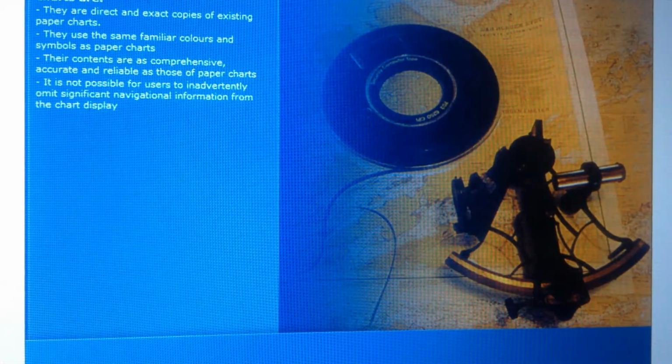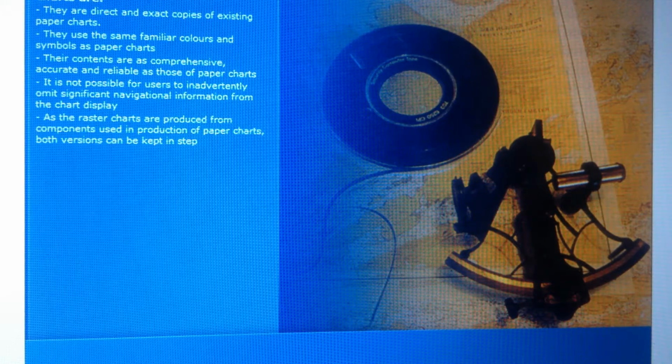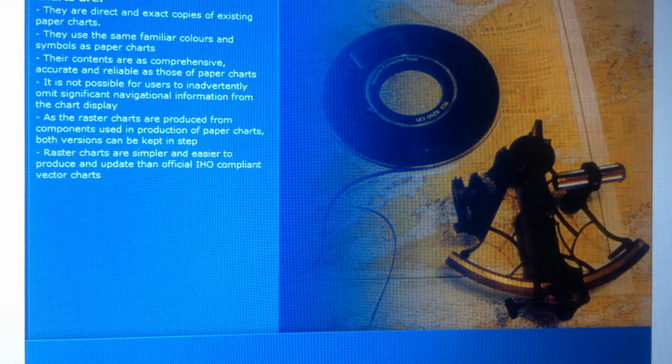It is not possible for users to inadvertently omit significant navigational information from the chart display. As the raster charts are produced from components used in production of paper charts, both versions can be kept in step. Raster charts are simpler and easier to produce and update than official IHO compliant vector charts.